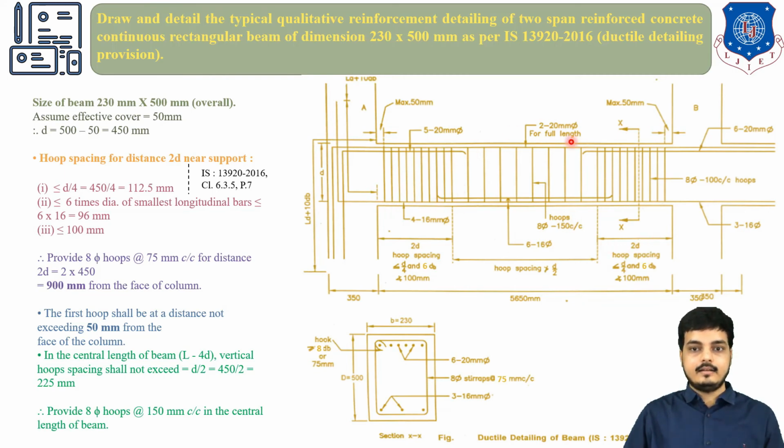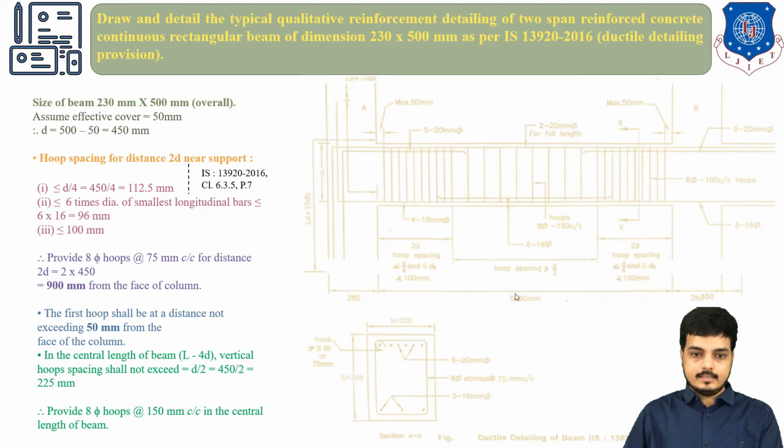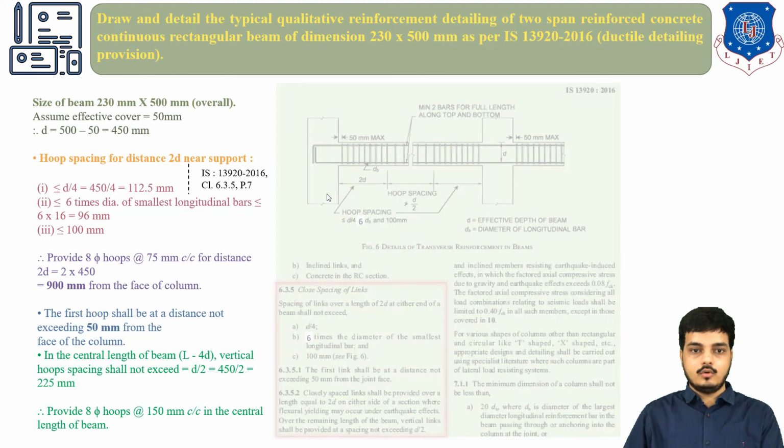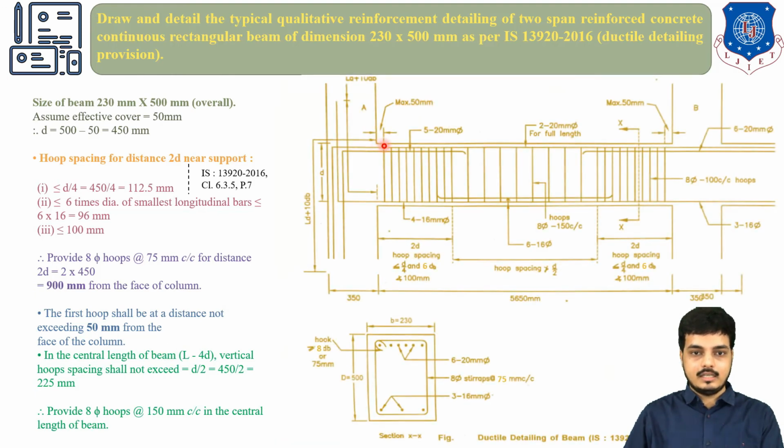Now the remaining at the central part, for that, look in the clause what it says. 6.3.5.1 says that the first link shall start from a distance of 50 mm. So we have to start our first link at a distance of 50 mm. So our first link should start 50 mm from the face of the column, and then the remaining links have to be provided as per this criteria.